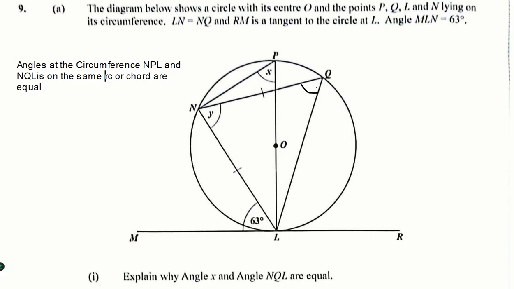It's not an arc, let's call it a chord. What is the name of the chord? NL. Hence they're equal. We haven't calculated it, but that is a rule.